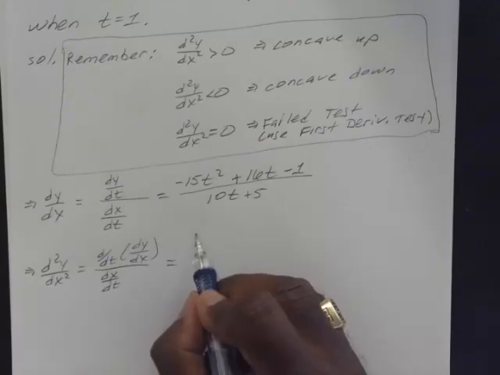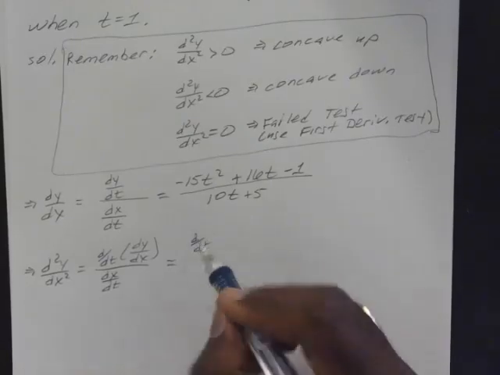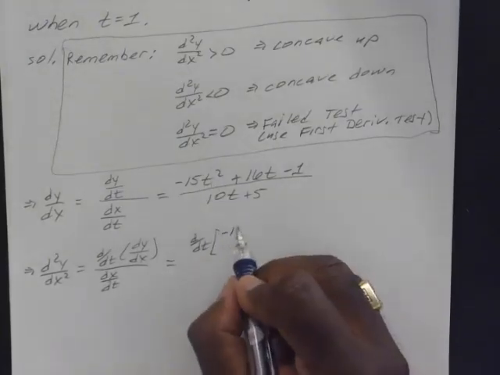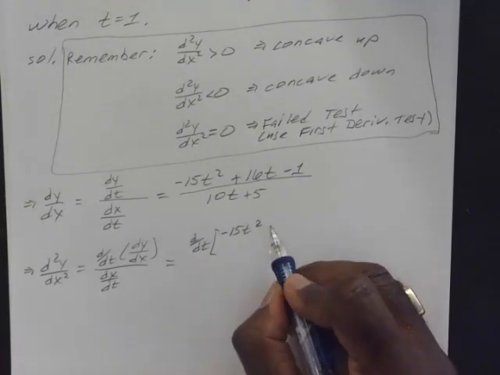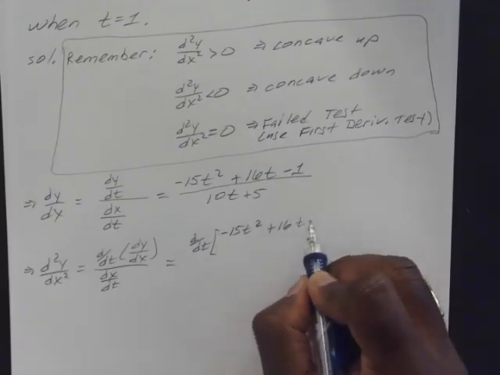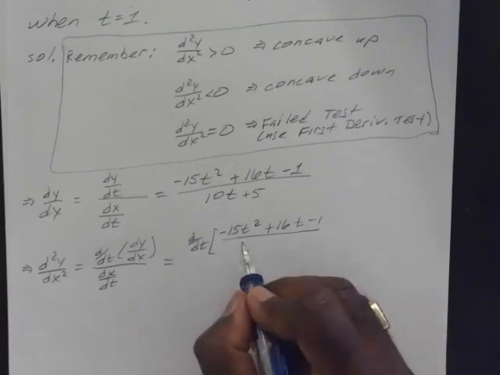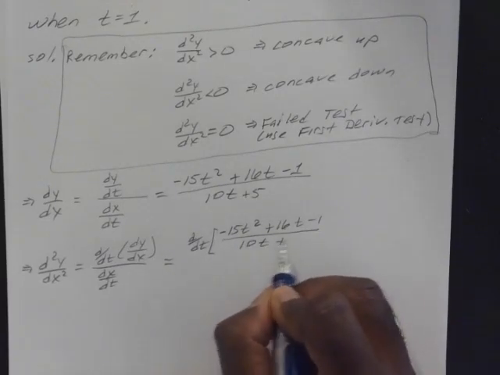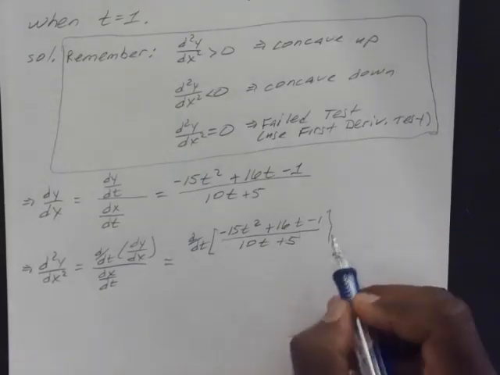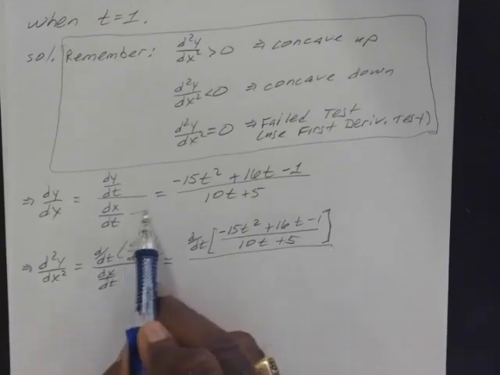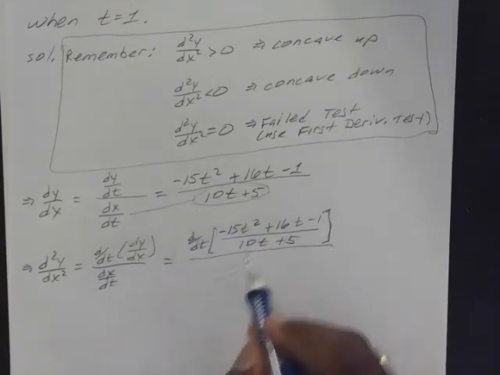Well, that's just the derivative with respect to t of negative 15t squared plus 16t minus 1 divided by 10t plus 5, and all of that divided by your dx dt, which is 10t plus 5.